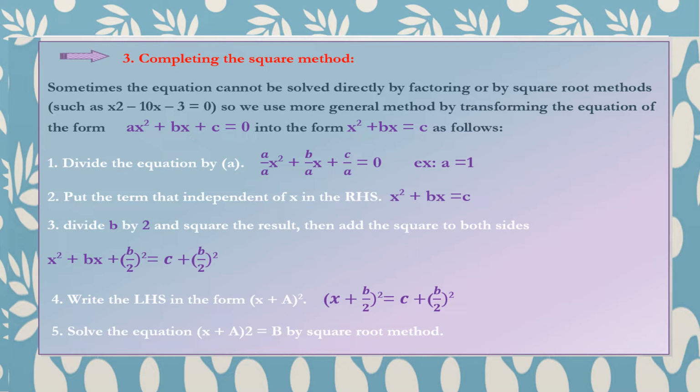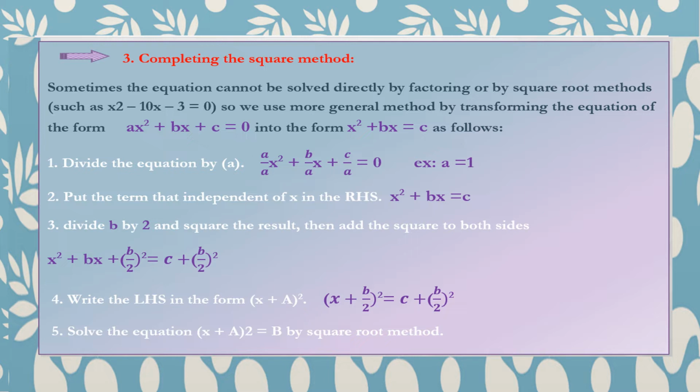So we can use a more general method by transforming the equation of the form ax squared plus bx plus c equals 0 into the form x squared plus bx equals c, by following these steps.